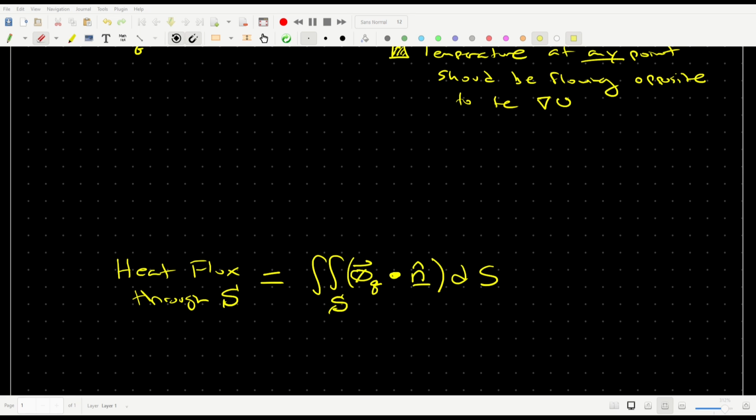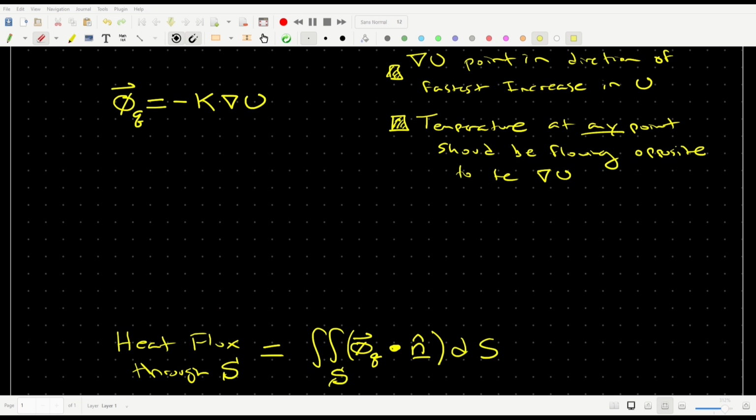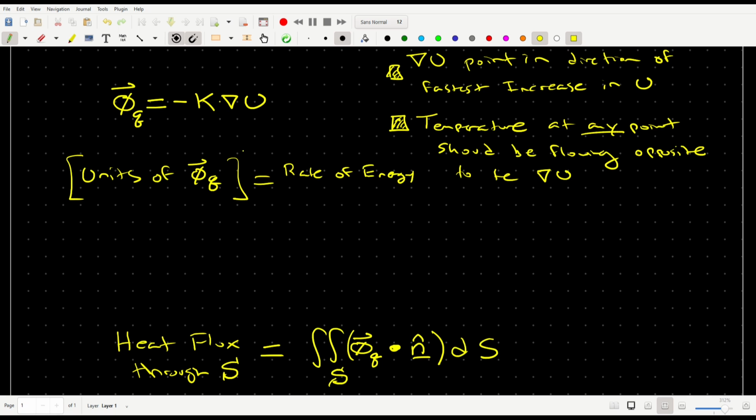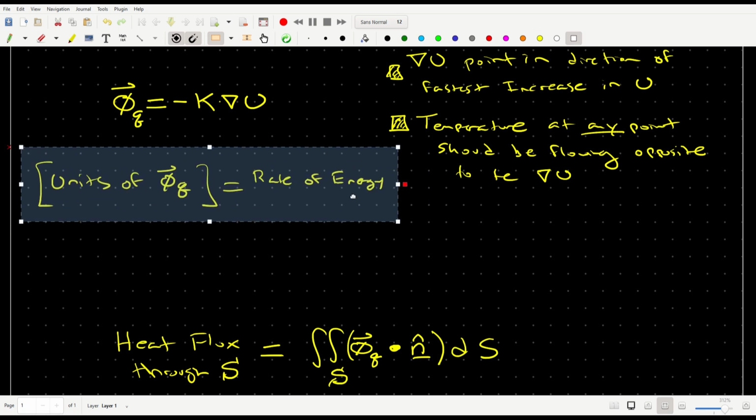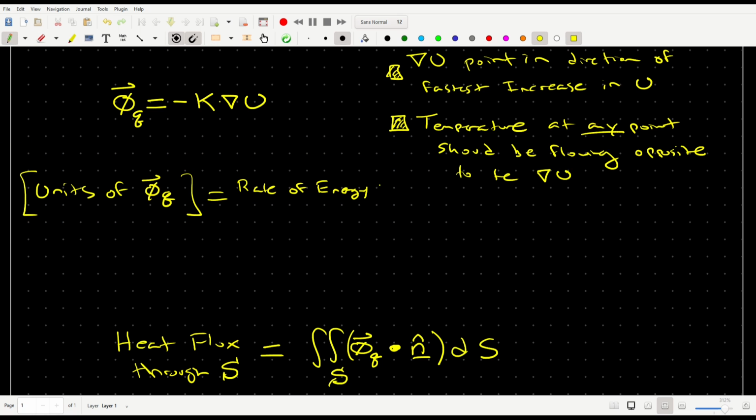Right? This is the idea of flux. So the units of this vector field are, generally speaking, going to be a rate of energy change with respect to time.